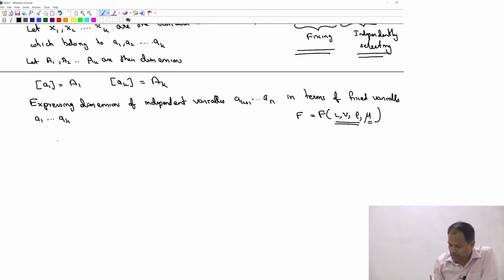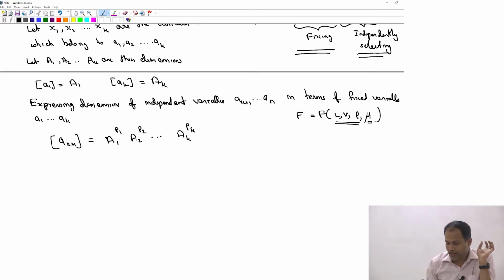So that means the dimension of ak plus 1 can be written in terms of dimensions of the first k variables. Let's say capital A1 is the dimension of small a1, which will be raised to some arbitrary power, let's say P1, A2 to the power P2 and so on, Ak to the power Pk.